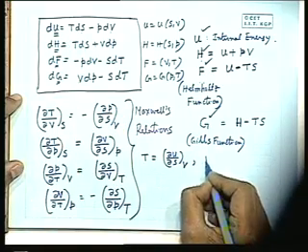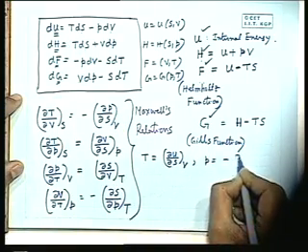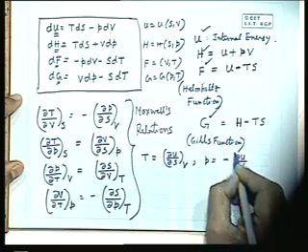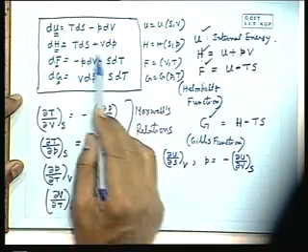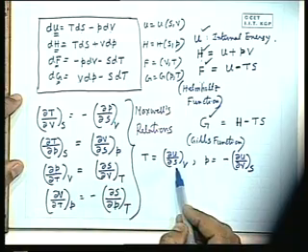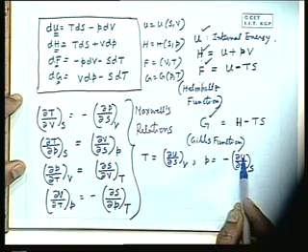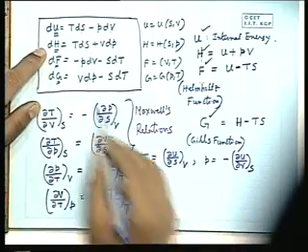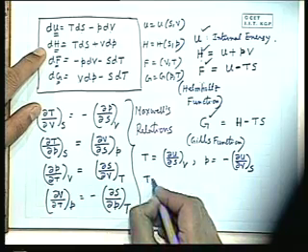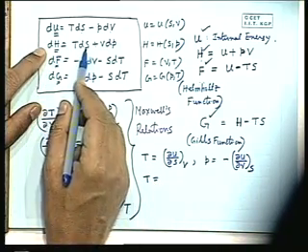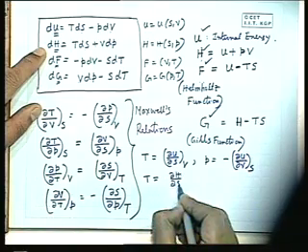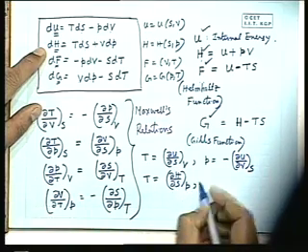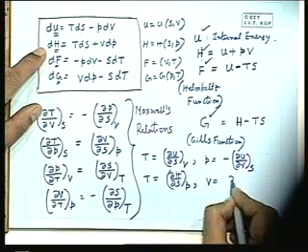Similarly, P is minus del U del V at constant S. Then only you can write dU is TdS minus PdV. Similarly, H is a function of S and P, so T is del H del S at constant P, and V is del H del P at constant S.